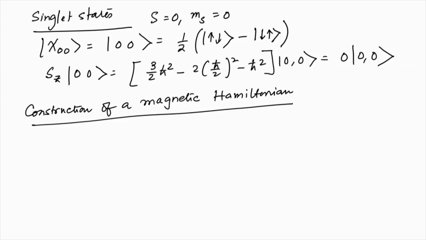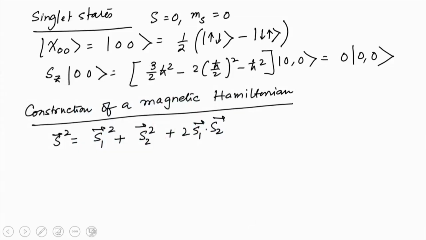We have S square, which is equal to S 1 square plus S 2 square plus 2 S 1 dot S 2.